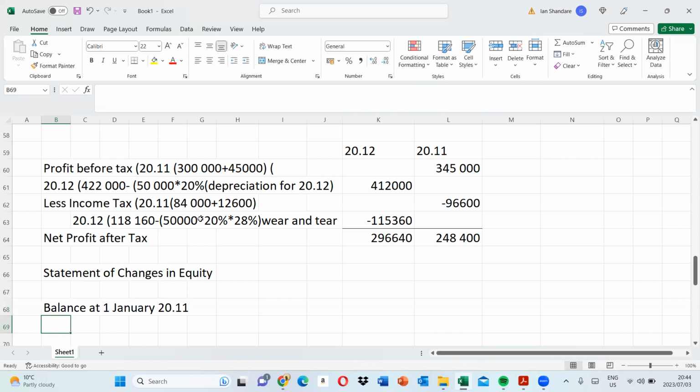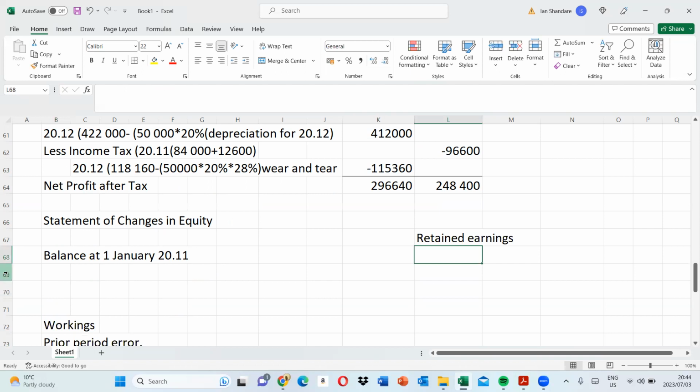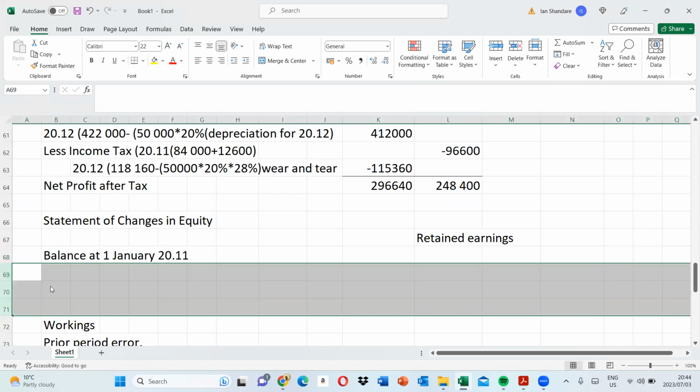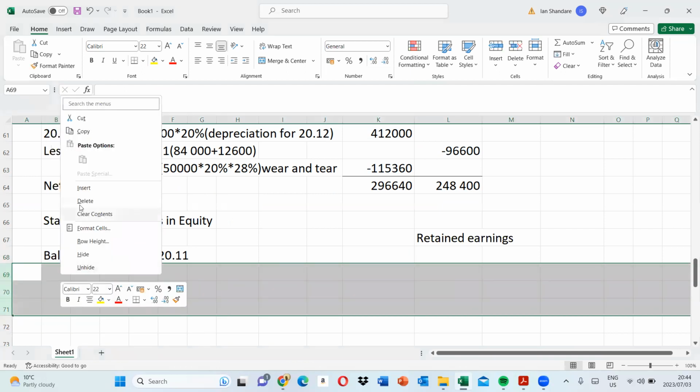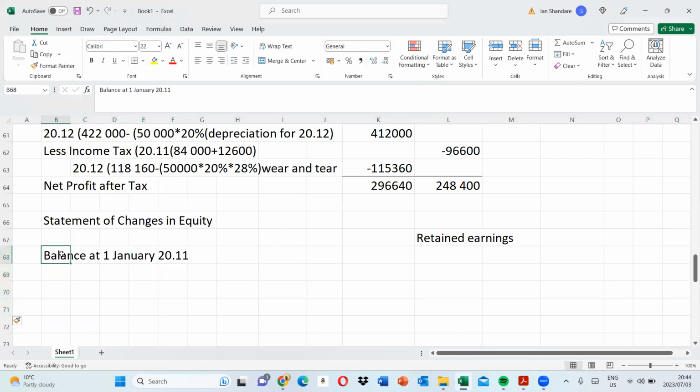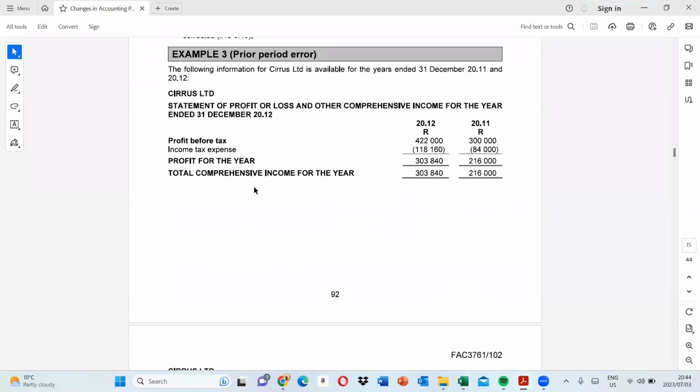Remember, they say they only want to retain the earnings. So in your retained earnings, you take the balance that you had in 2010. What was your balance for 2010? Let's quickly go there and see.